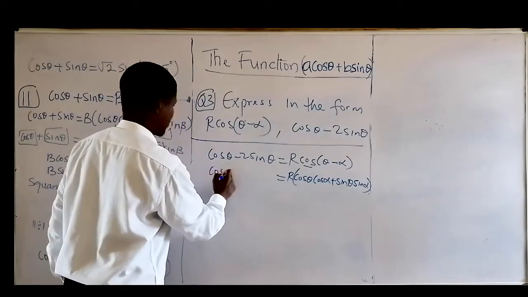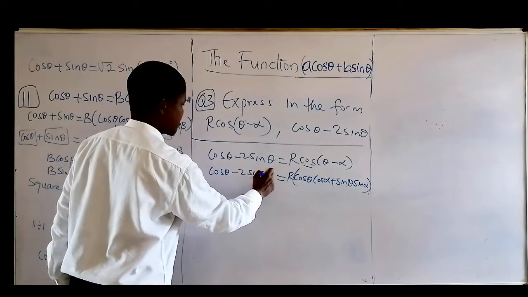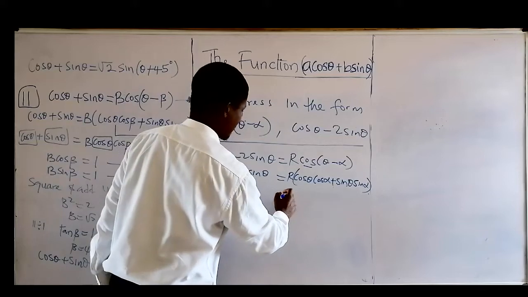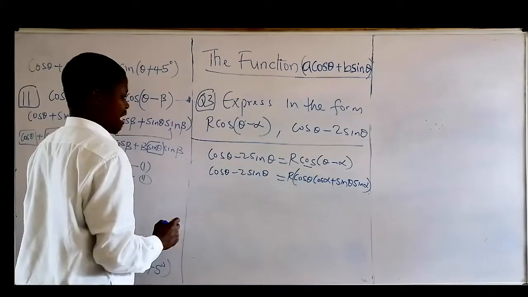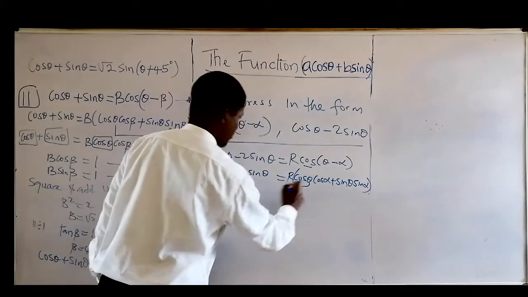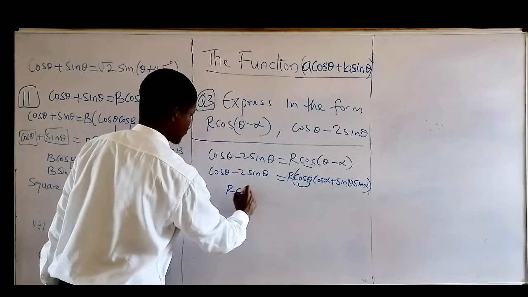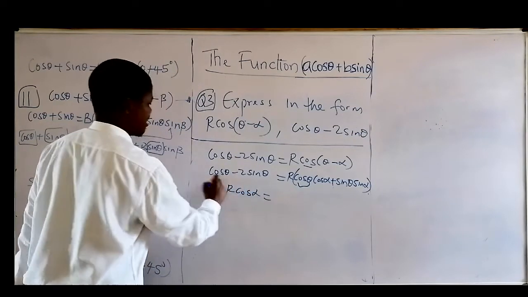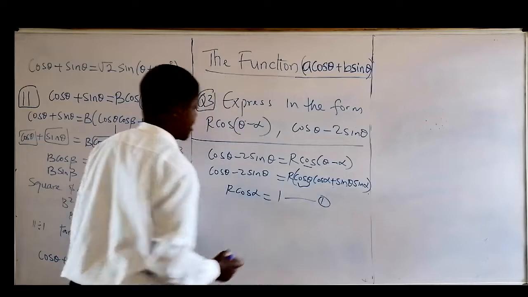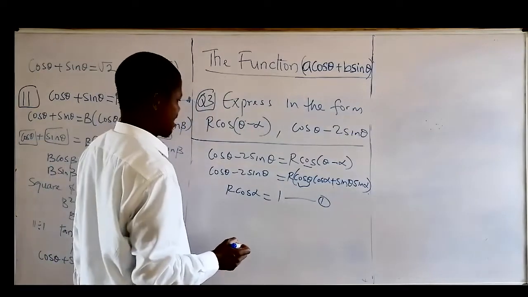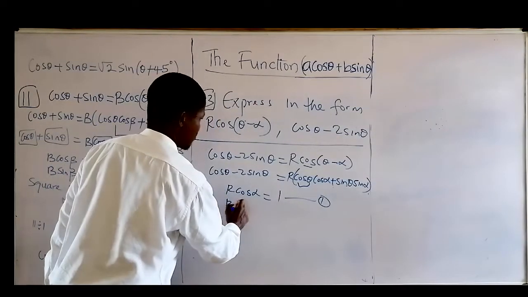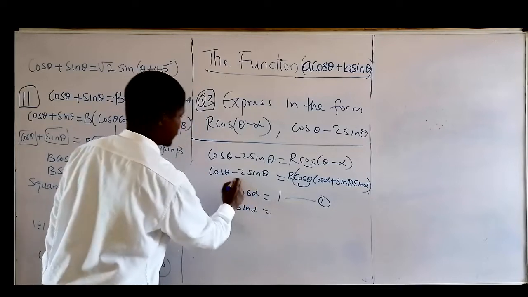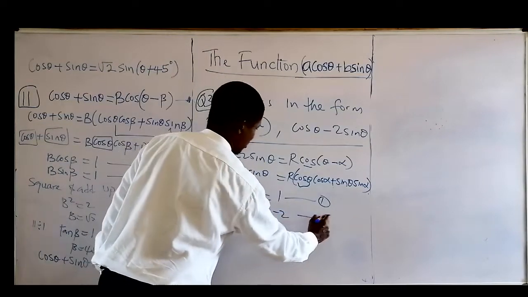So this is cos theta minus 2 sine theta. Without wasting time, equate the coefficient of cos theta, which will be R cos alpha equal to 1, equation 1, and then equate the coefficient of sine theta, that will be R sine alpha equal to minus 2, equation 2.